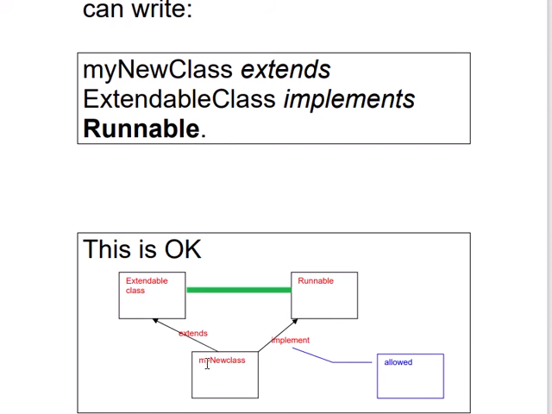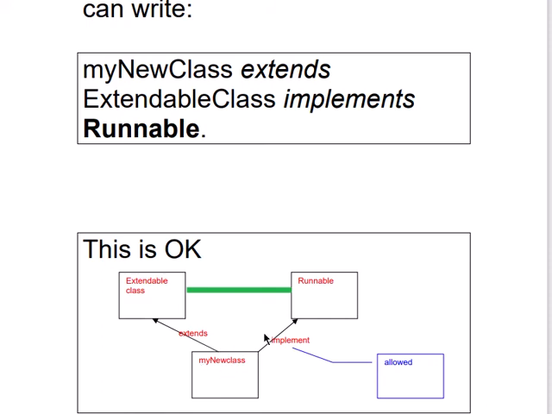So my new class can, if I want it to, subclass some other class. This class can then implement this interface by my writing a run method in this class.